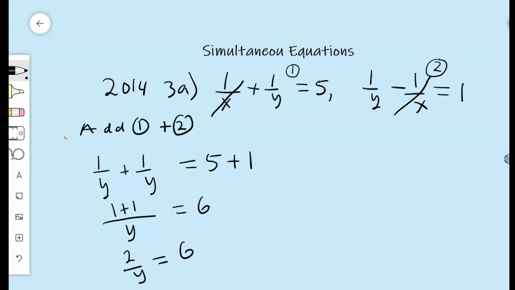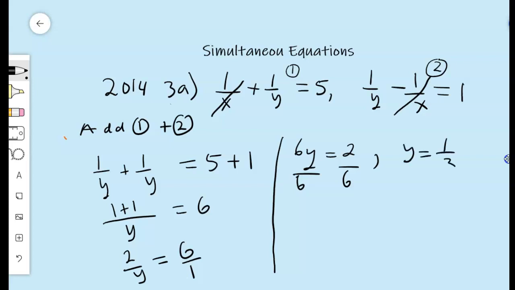There are a whole lot of ways that we could do this. We can cross multiply, so we get 6y equals 2, and then we divide here by 6, divide here by 6, and that gives us y equals 1/3.